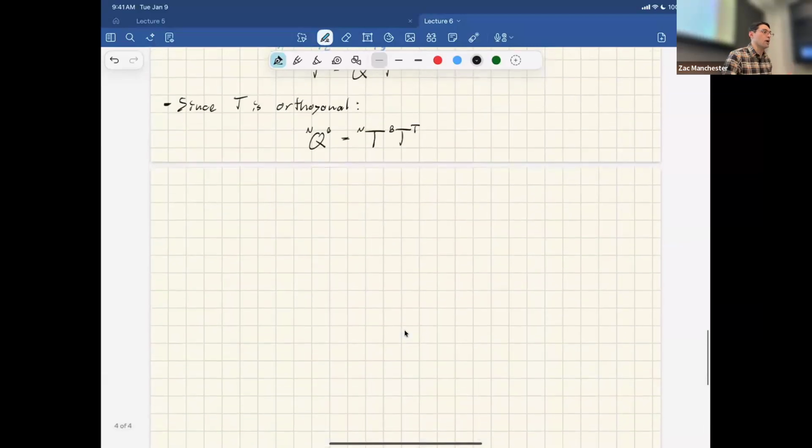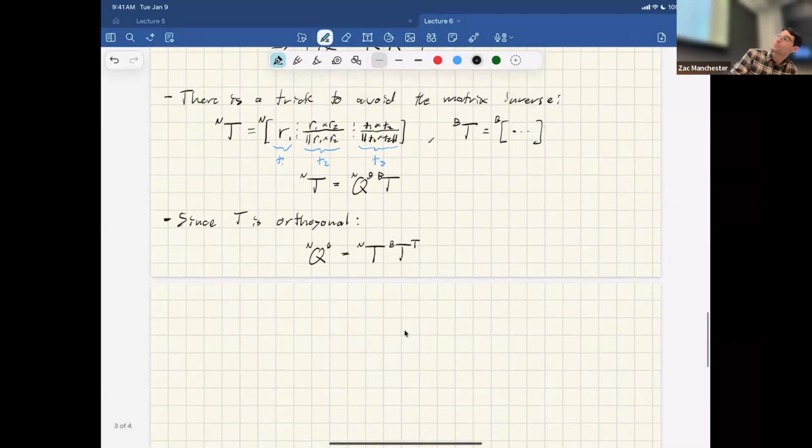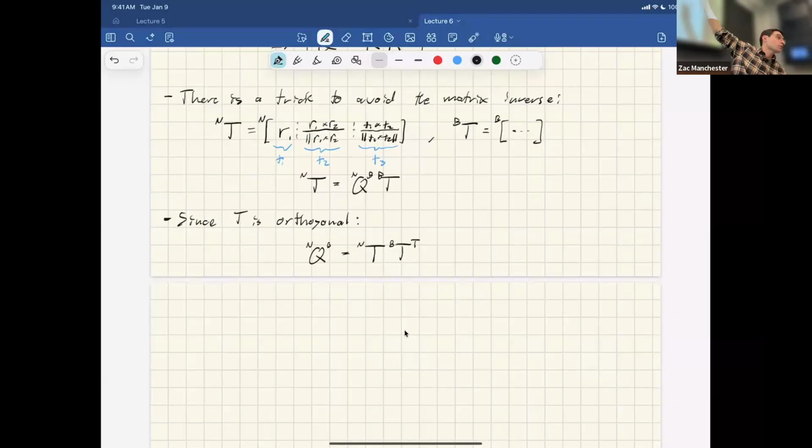And this is the classic triad algorithm. You get your two vectors, you build these T matrices by taking a bunch of cross products and normalizing, and then you back out the rotation matrix like that.